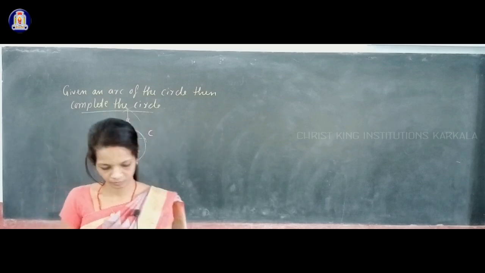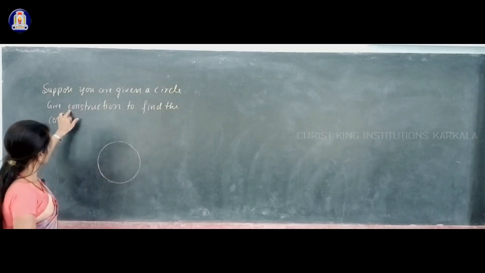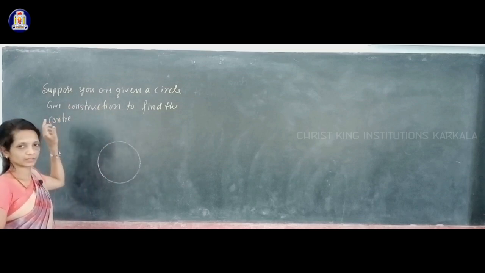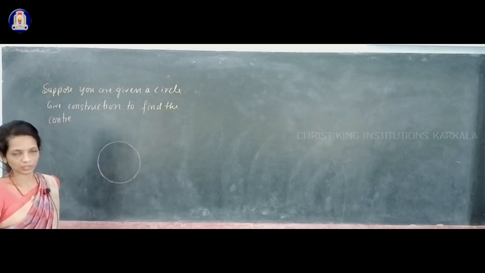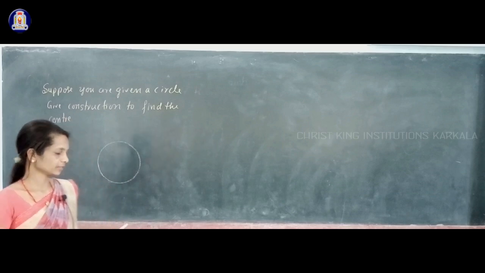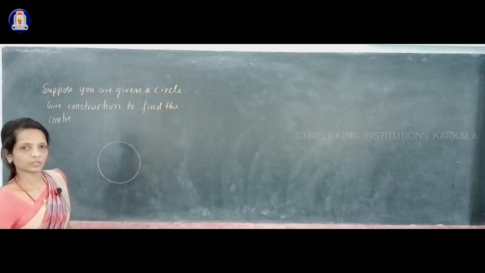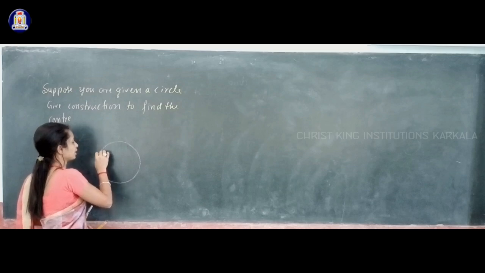Okay, thank you. Suppose you are given a circle like this, then give a construction to find the center of that circle. You are given a circle, but the center of that is not given. So how do you find its center? For that, you just mark any 3 points on this circle so that they are visible.